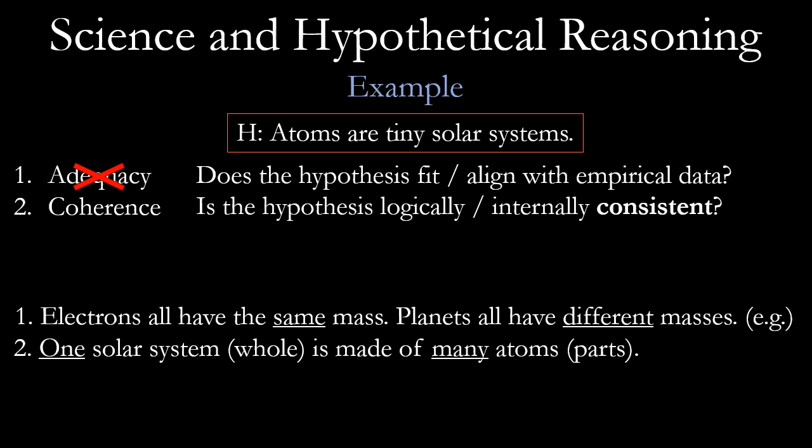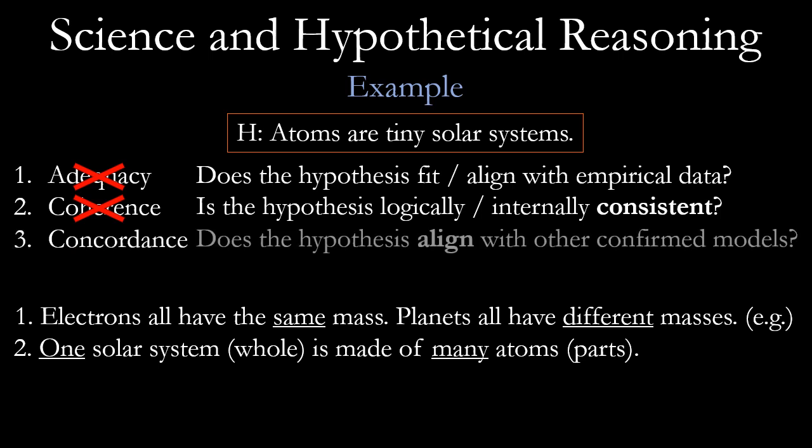I mean, we can think of lots of situations. Does a chair behave the way that wood does? Not exactly. So there's an inconsistency between when we're thinking about the whole versus when we're thinking about the parts. It doesn't quite work out logically this way. So it fails the internal coherence, the logical coherence test.